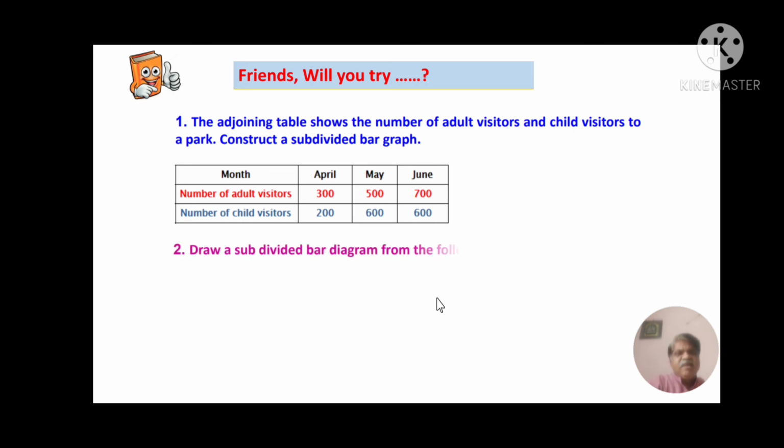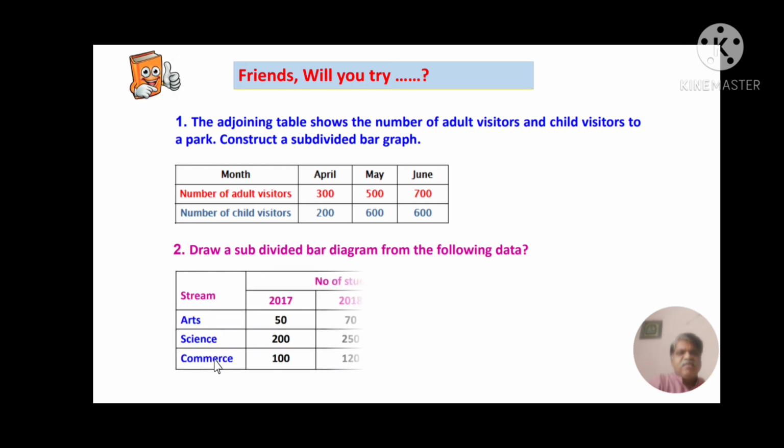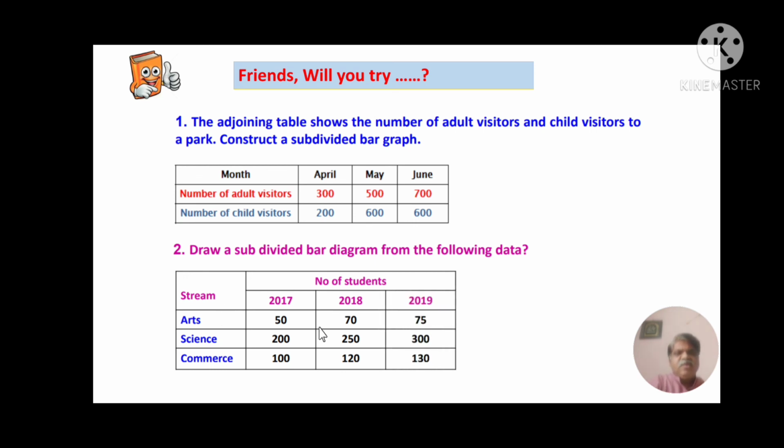Draw a subdivided bar diagram from the following data. The data given is for the streams art, science and commerce for the students who are going to colleges. For 2017, 50 students are going for the art stream, 200 for science and 100 for commerce. In the year 2018, the number of students going to different streams is art 70, science 250 and commerce 120.